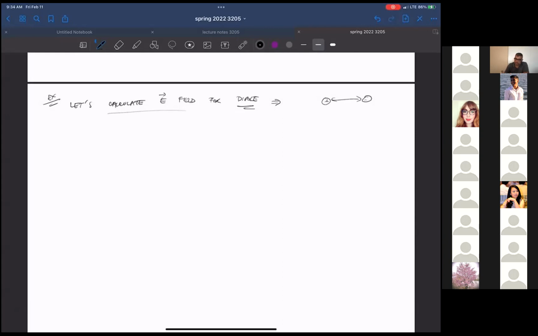So first thing we're going to do is put these charges in a coordinate system so we can talk about x's and y's and distances. We're going to put a charge plus Q over here.